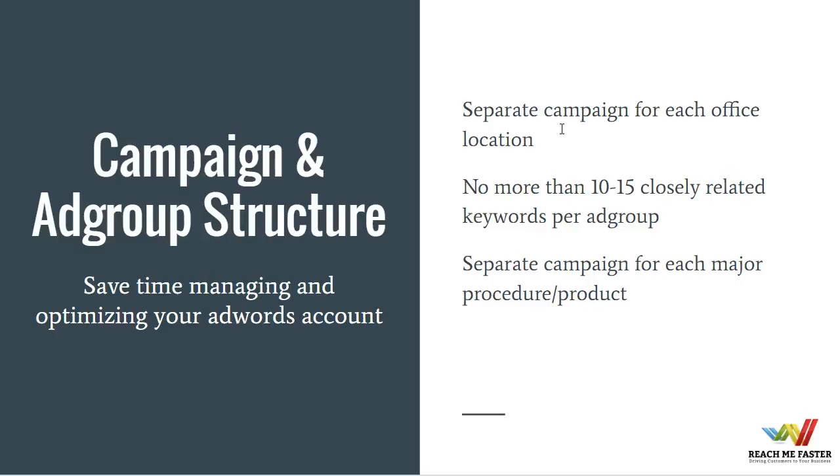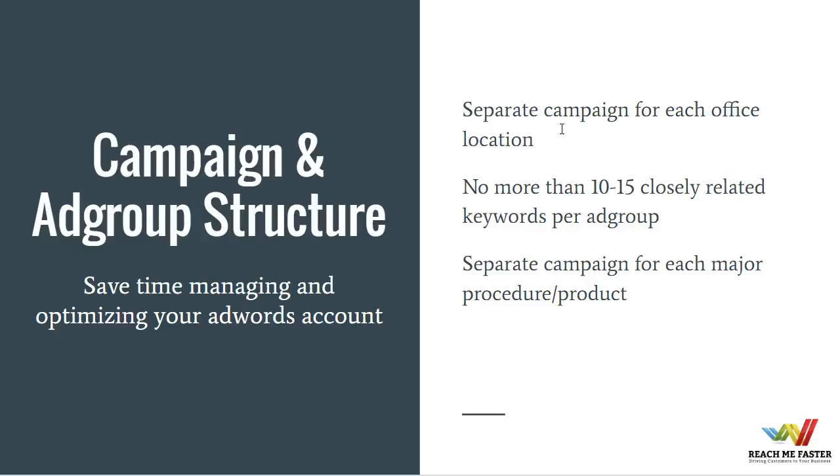So depending upon production, the cost, and the type of patients each office is getting, you can optimize the budget and allocate the correct amount to each office if you have a separate campaign. Similarly, you can test different offers for each office depending upon the type of residents that live nearby and the type of patients you want to attract.